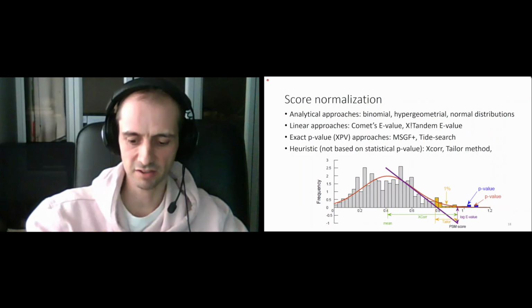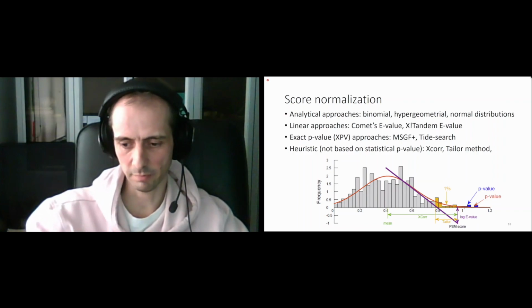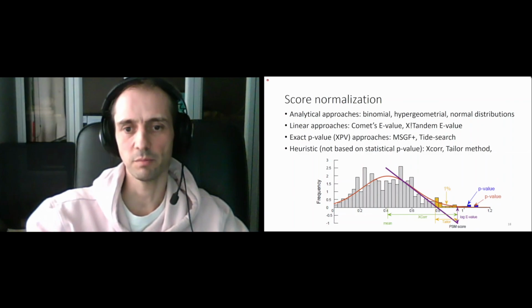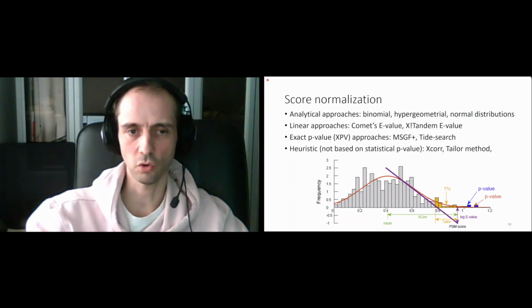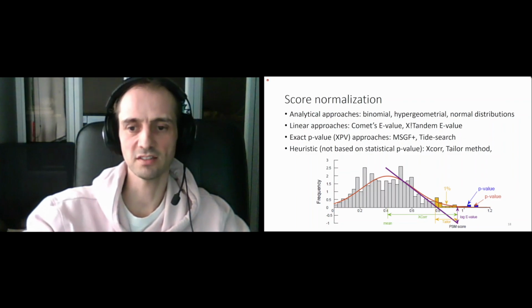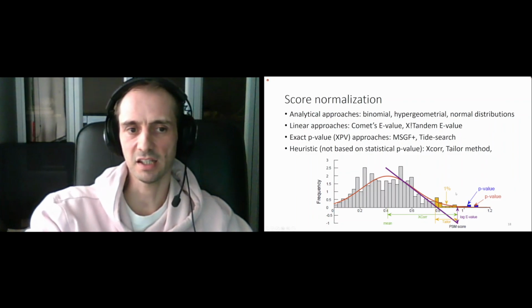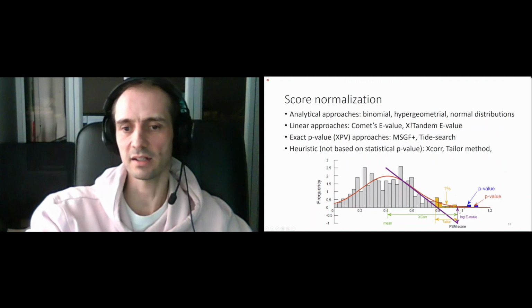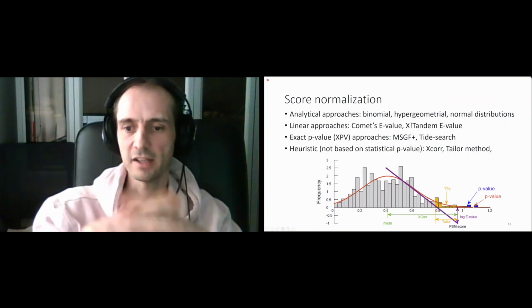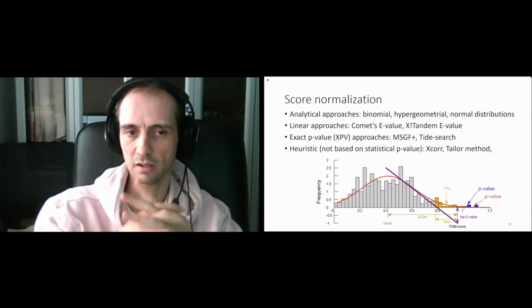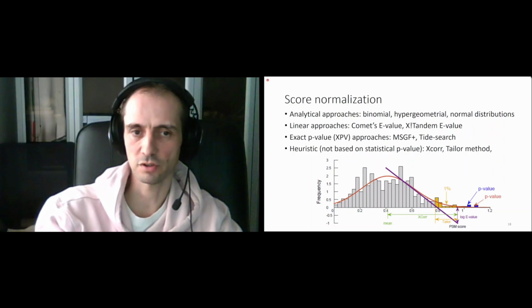They build a very fine empirical score distribution. And basically the E-value or the P-value of a hit is calculated as the fraction of the matches which achieved a higher score than what you observed.